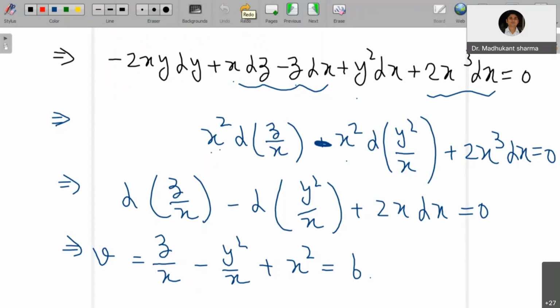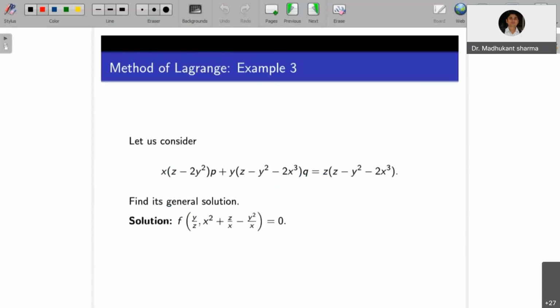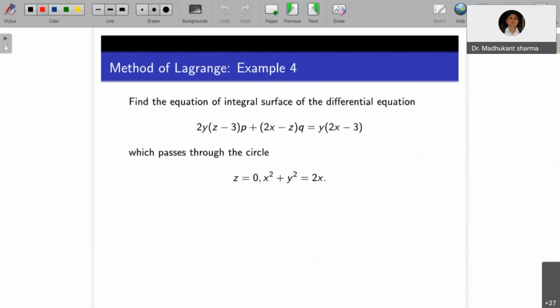Okay, so let's go further now. Let's see the next problem. If you write it in the form x minus 1 whole square plus y square equals 1, it is a unit circle centered at the point (1, 0).